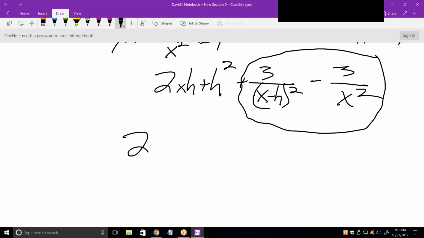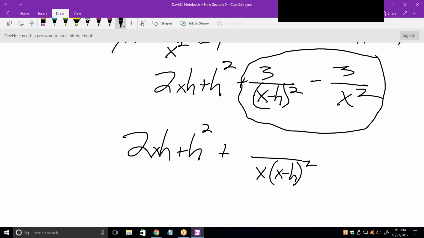Okay. So now I'm going to write. The common denominator is going to be the product of these two things. In other words, my common denominator is going to be x squared times x plus h squared.